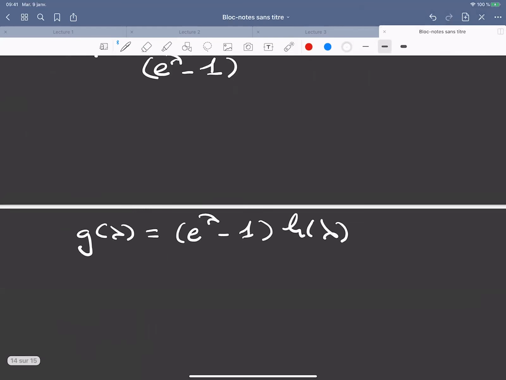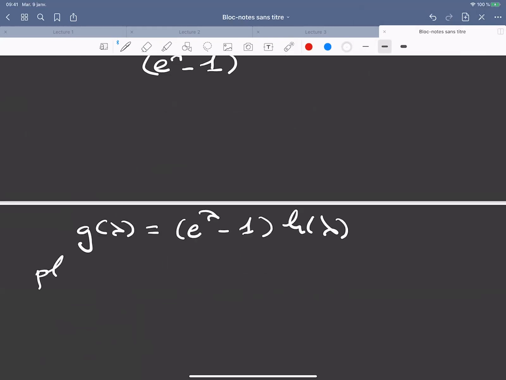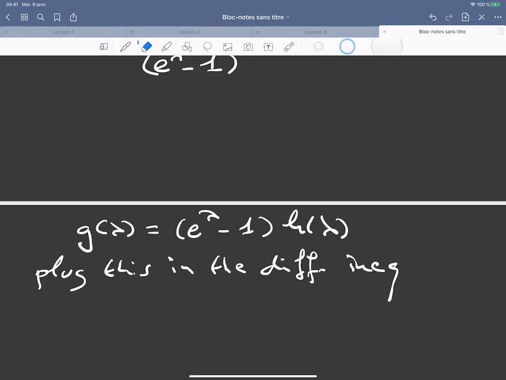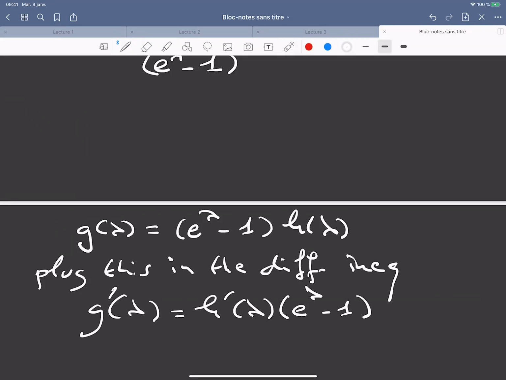And if you plug this in the differential inequality, of course, you use the fact that j prime of lambda is nothing else than h prime times exponential of lambda minus 1 plus exponential lambda h of lambda.